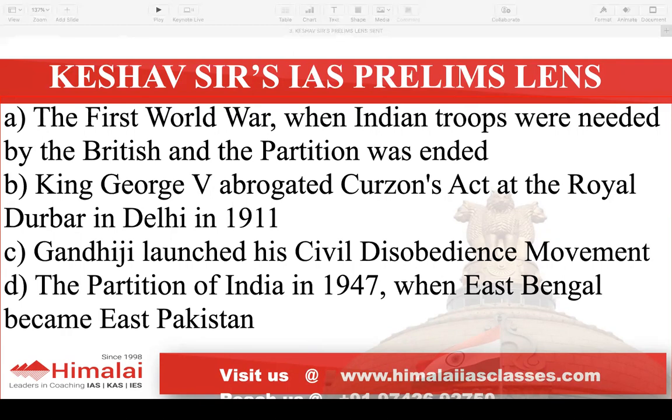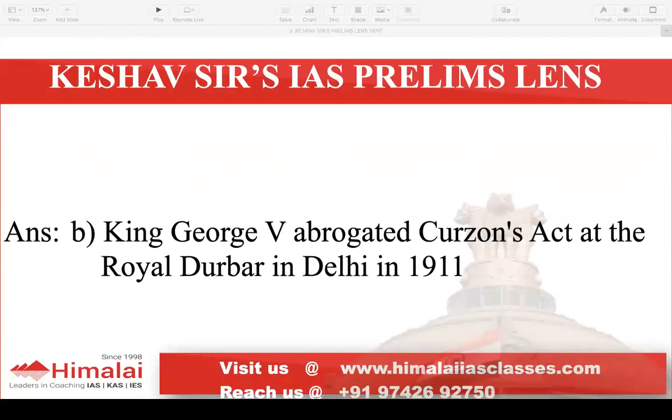Here, the correct option is that Lord Curzon's partition plan of 1905 was abrogated, withdrawn, cancelled by King George V at the Royal Durbar in Delhi in 1911, because there was a huge protest and the Swadeshi movement had been launched. So it was successfully abrogated.